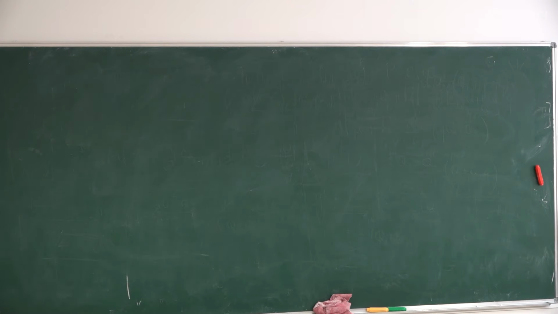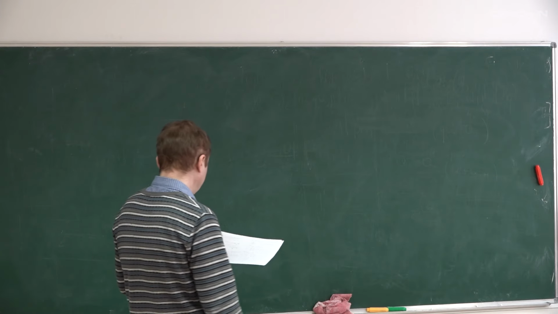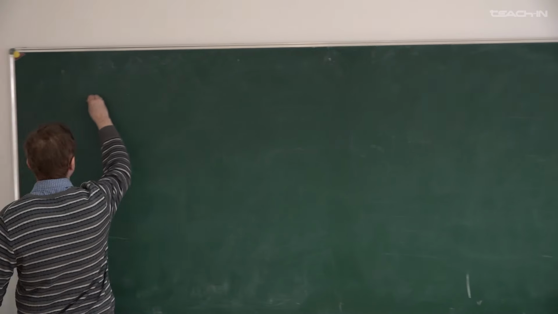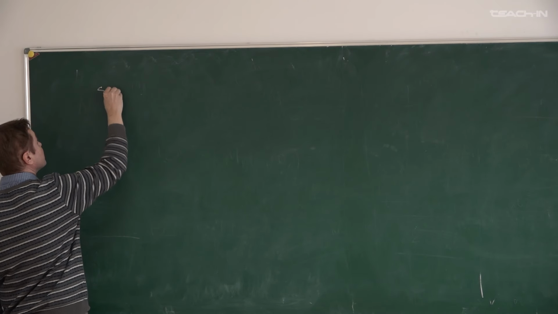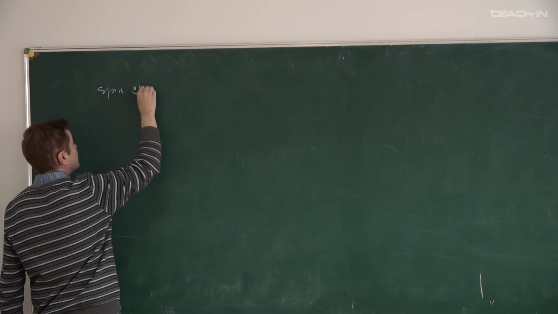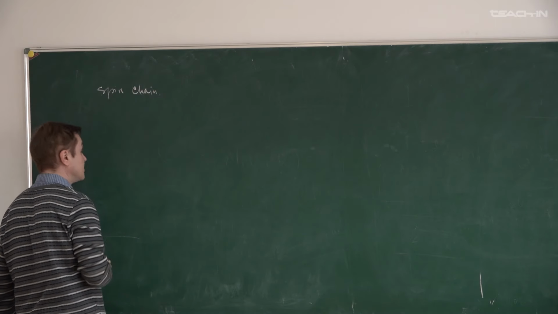For this purpose, I need to recall some facts, but I will do it briefly. However, I need some concrete formulas to be written. First of all, let me recall the formula for Hamiltonians of the generalized spin chain.